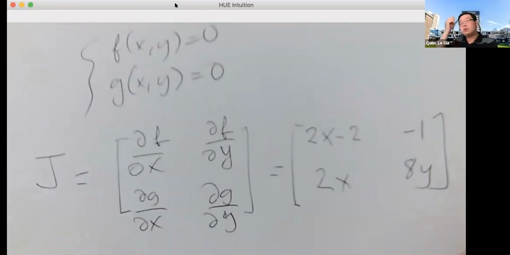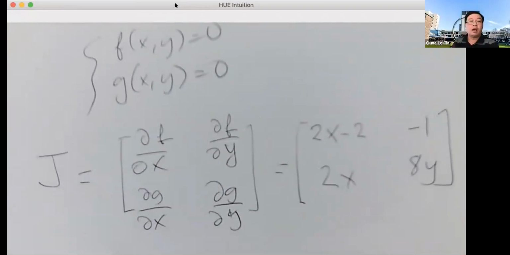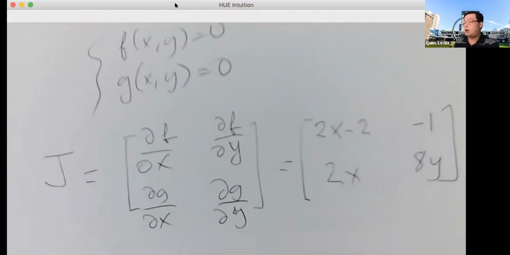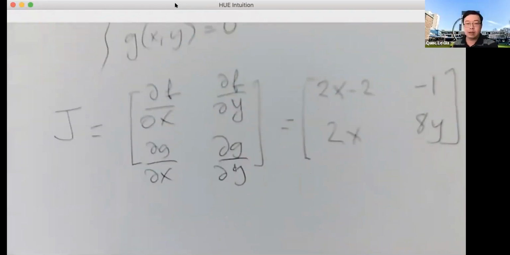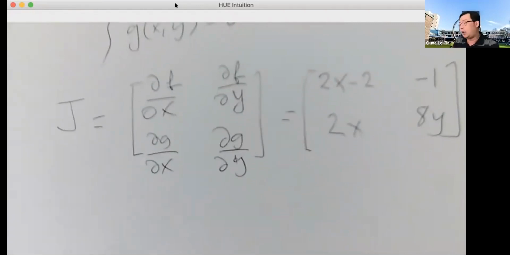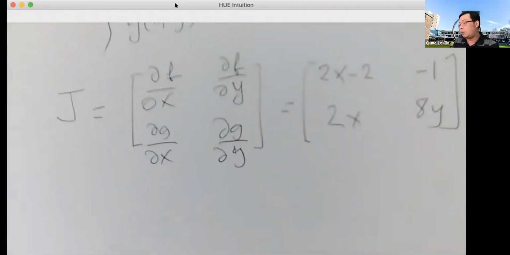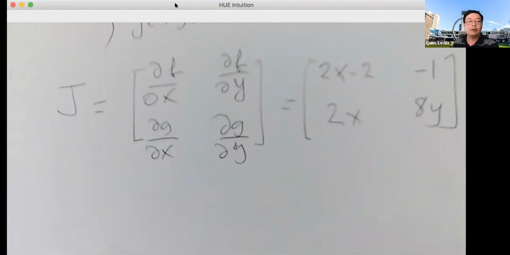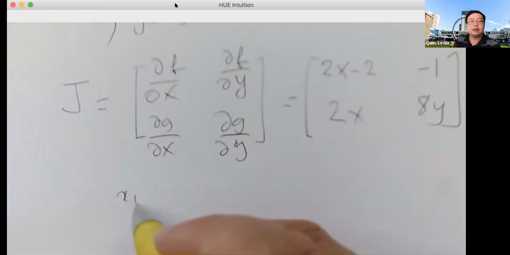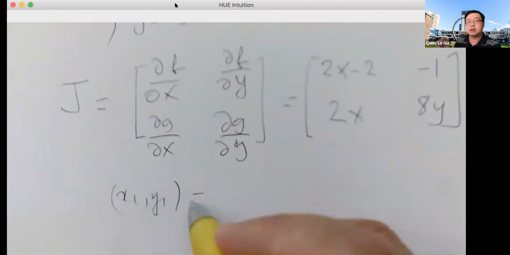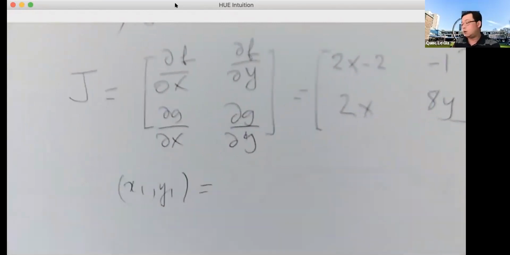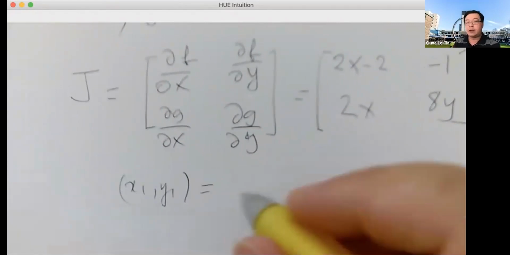Now the next question is, given the first iteration, how do you find the second iteration? So (x1, y1) is given, yeah? In this case, it's just equal to 0.25. And how do you find (x2, y2)?